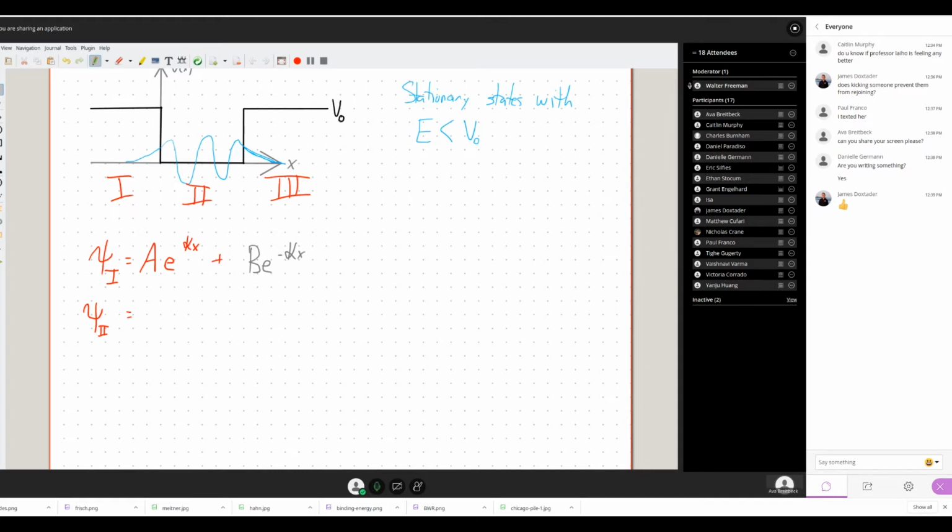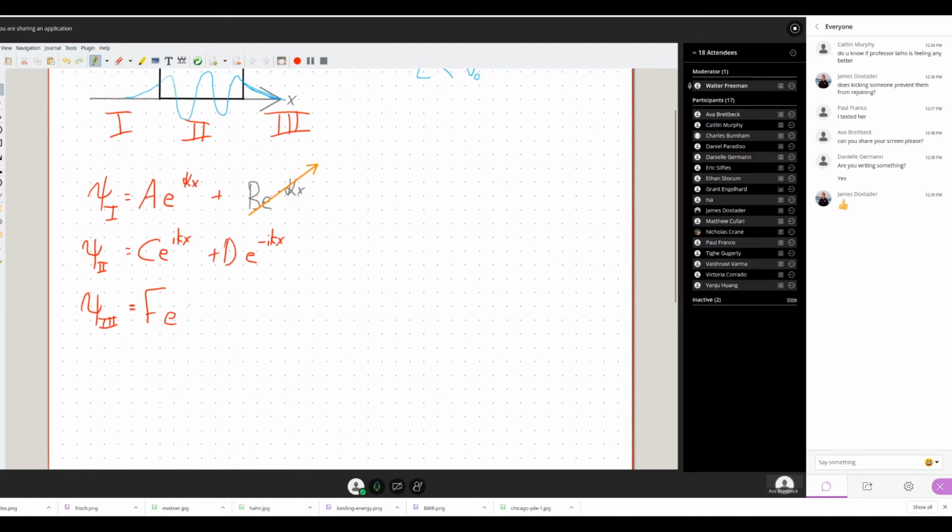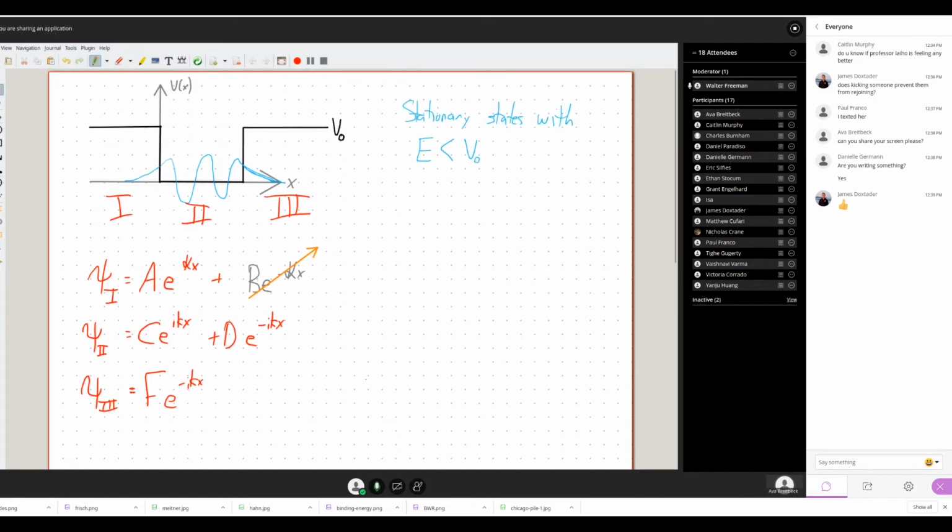We know the growing term isn't present because the wave function has to go to 0 at negative infinity. Likewise, in region 2, psi is C e to the ikx plus D e to the minus ikx. And psi 3 is F e to the minus i kappa x, and another term gets crossed out.